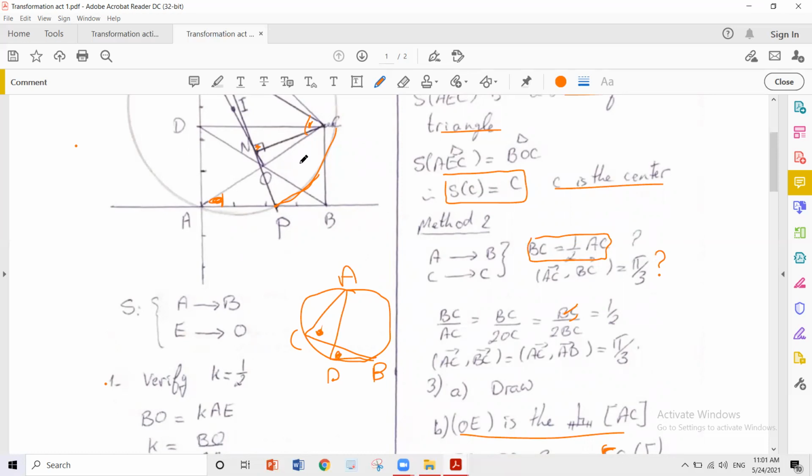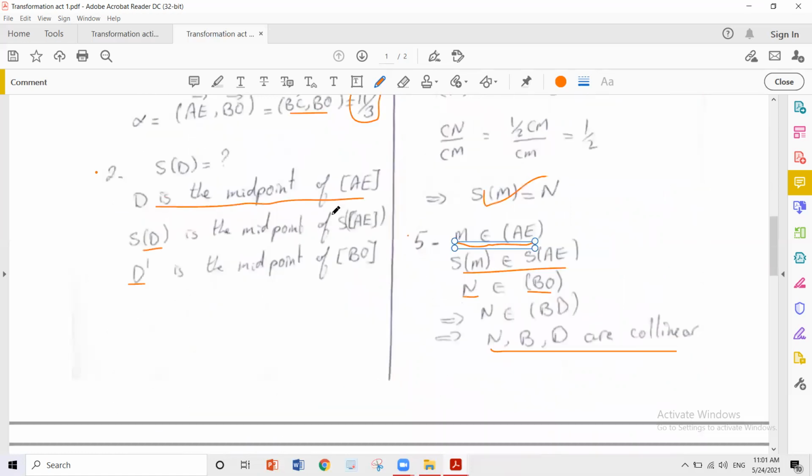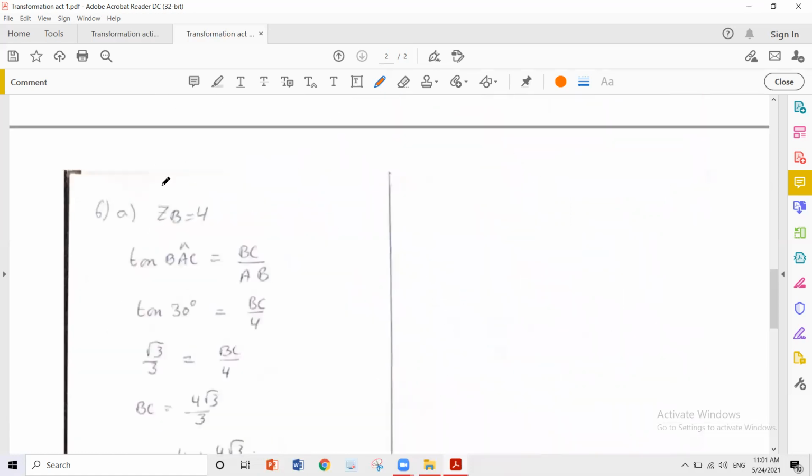Or I can use tangent 30, equal to opposite over adjacent. Or I can use the property of the semi-equilateral triangle. ZB is 4.